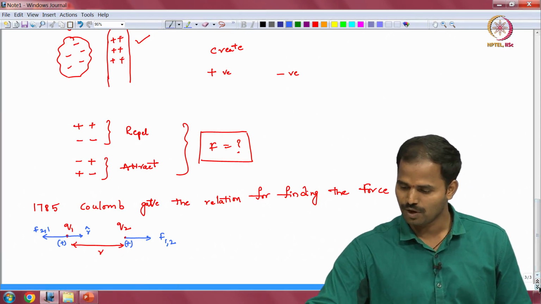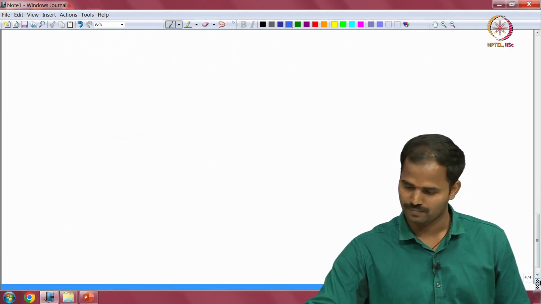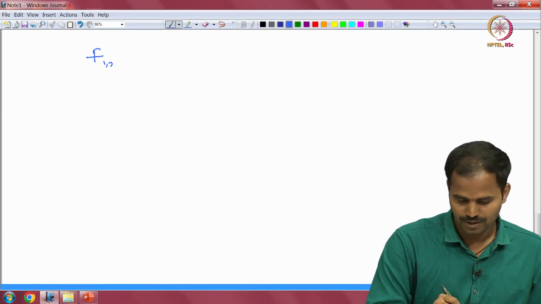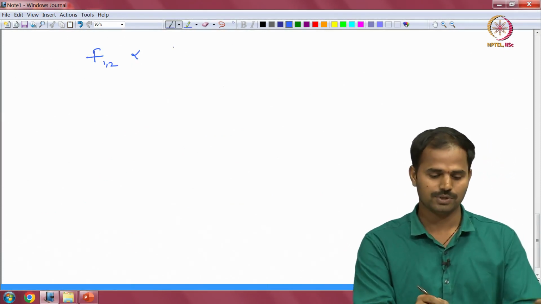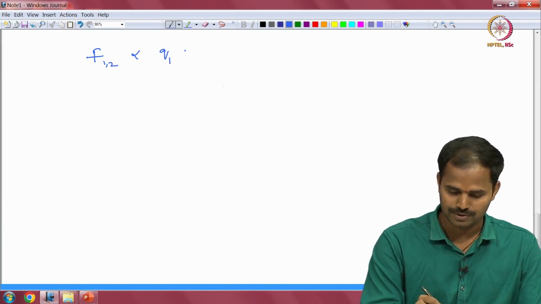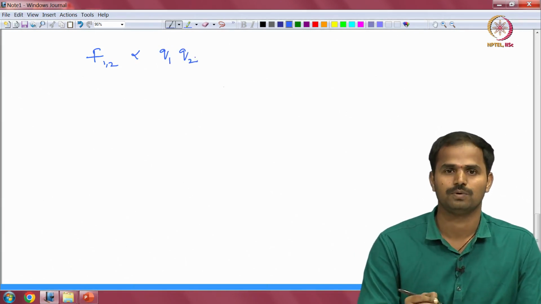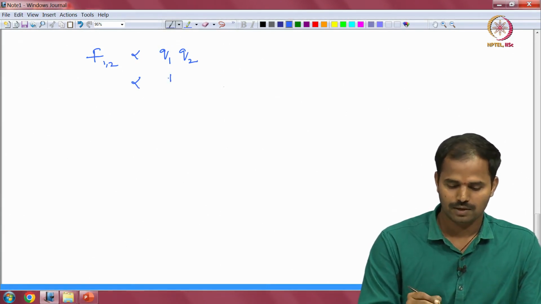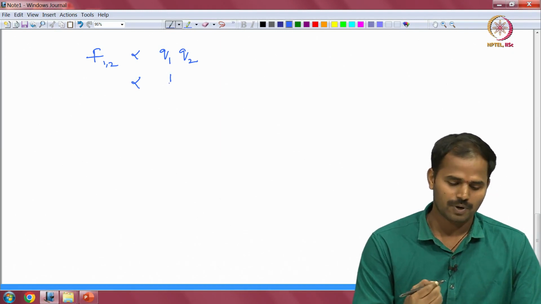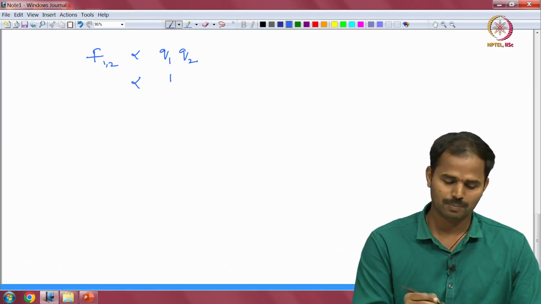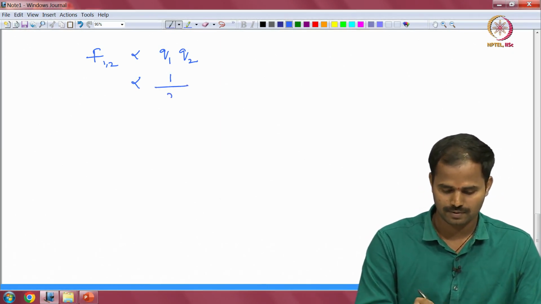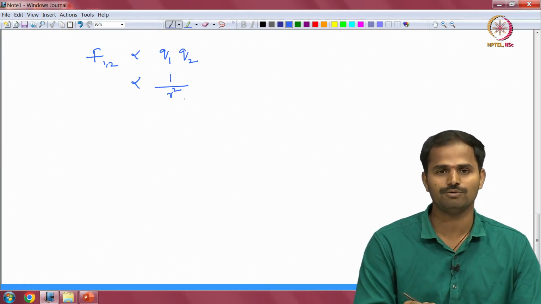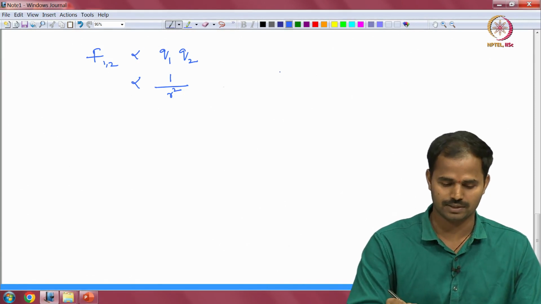Now we want to find the force equation. The force F12 is directly proportional to the charge magnitudes q1 and q2, and inversely proportional to the square of the distance between the two charges.